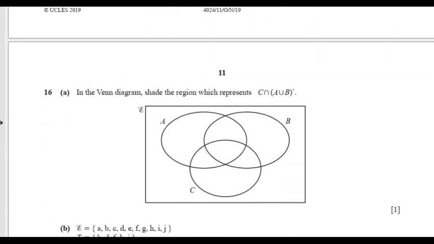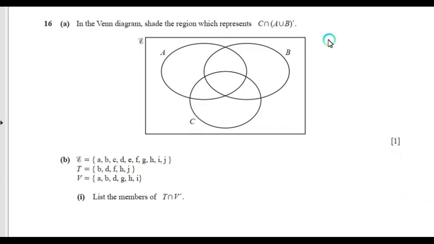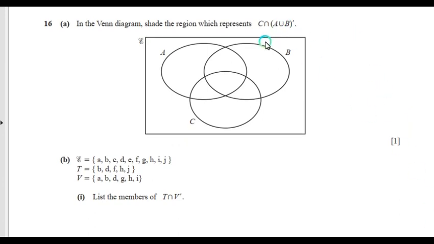Okay, the next question is, in the Venn diagram shade the region which represents C intersection with A union B complement. So first of all, find A union B. A union B is obviously the combination of A and B both. So that's why I'm shading this. This will be A union B, right?